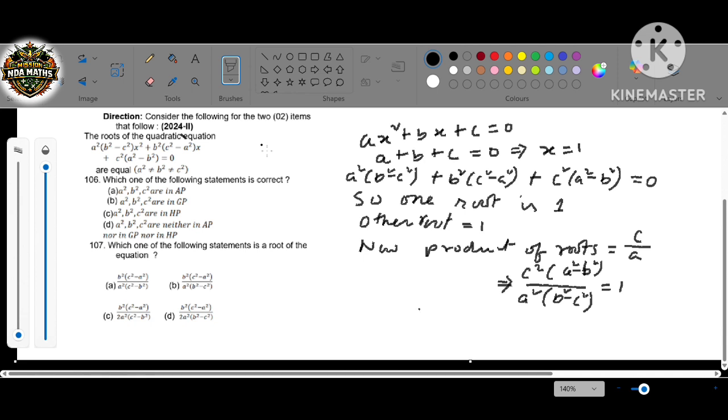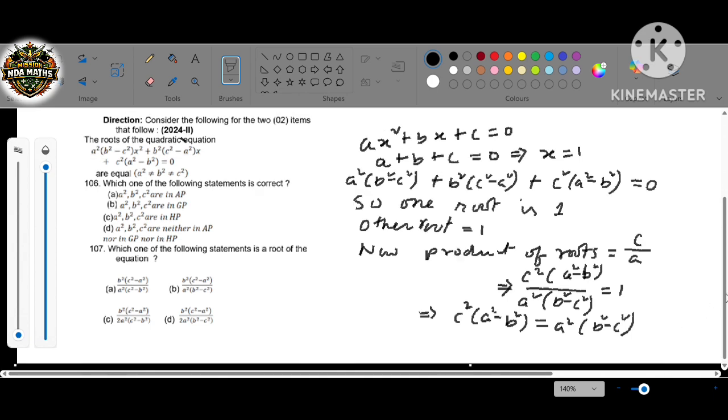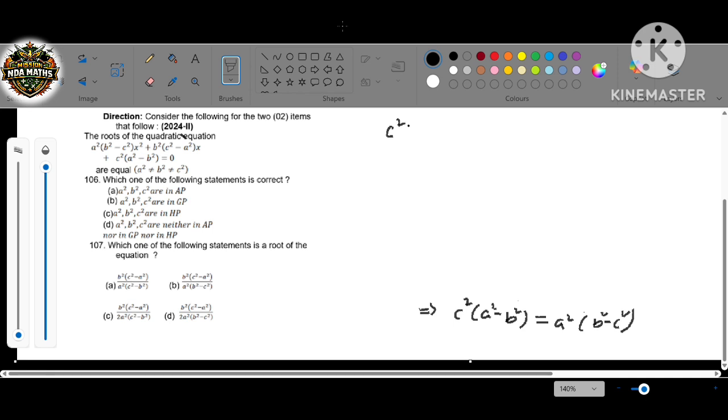So I can write this. If I do the cross multiplication, then c square into (a square minus b square) equals a square into (b square minus c square). Then if I multiply, c square a square minus c square b square is equal to a square b square minus a square c square.